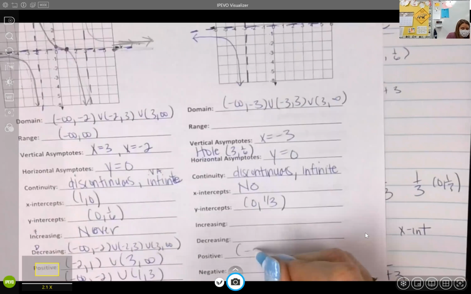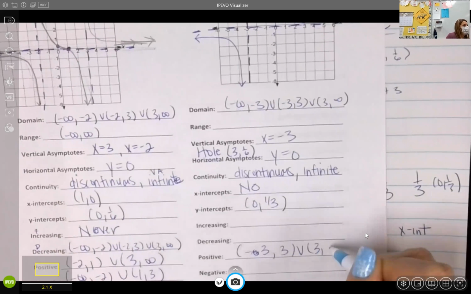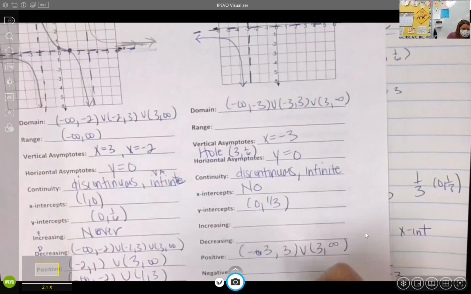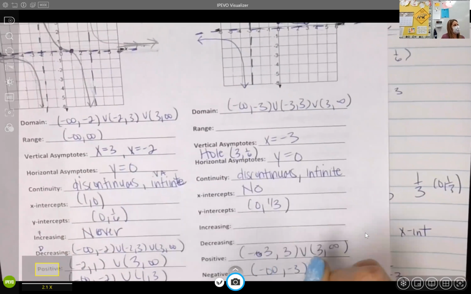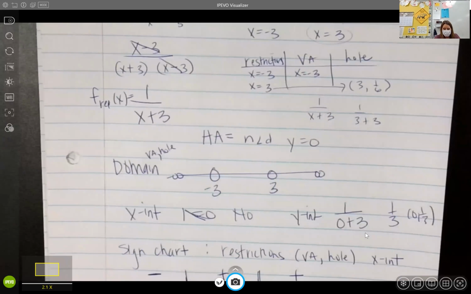So the positive is -3 to 3, and then 3 to infinity. And then the negative is from negative infinity to -3, just like your sign chart said, okay? No min or max, no symmetry.